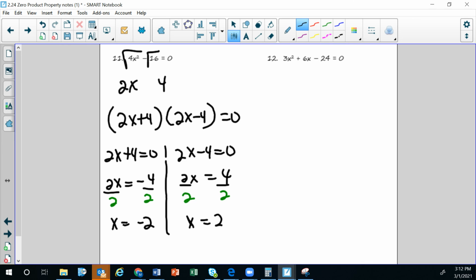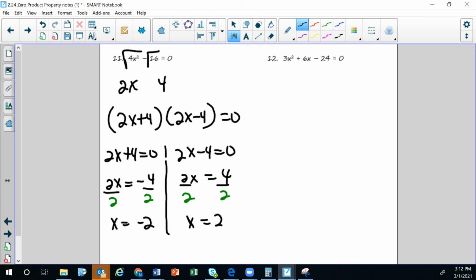On number 12, I'm going to have you solve it on your own. But first, if you look at number 12, you notice that 3 is a common factor between 3, 6, and 24.